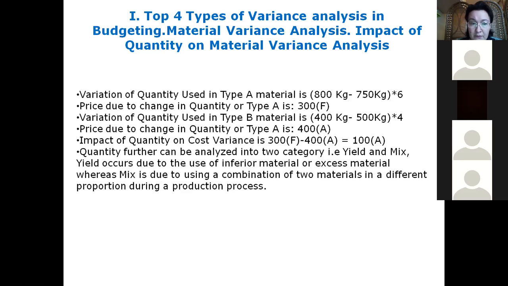This situation occurs due to the use of inferior material or excess material, whereas mix is due to using a combination of two materials in different proportions during the production process. So when we use different proportions or mix, of course, we can have this material variance due to this mix.